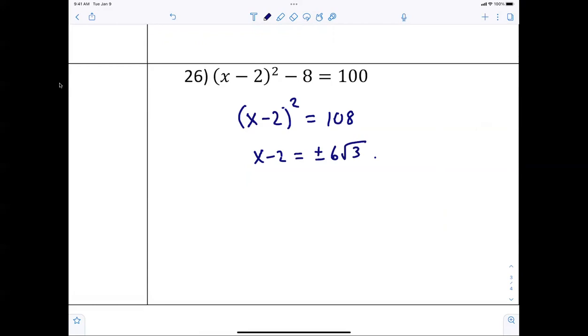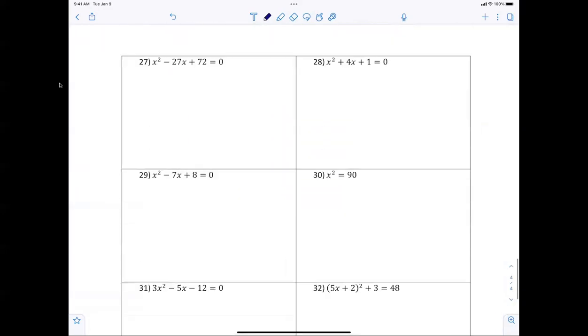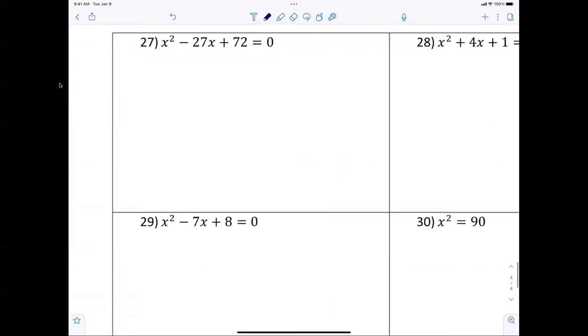Plus or minus 6 radical 3. And then I just do what? Add 2. So x equals 2 plus or minus 6 radical 3. All right, should be easy. Should be easy tomorrow.